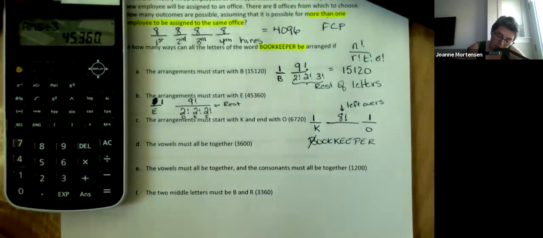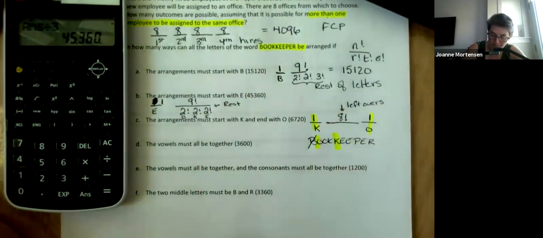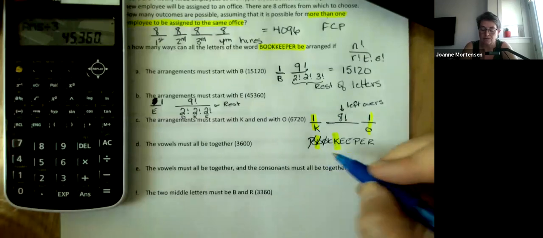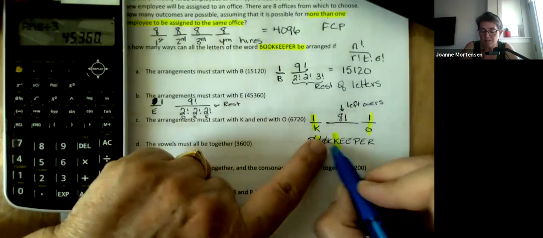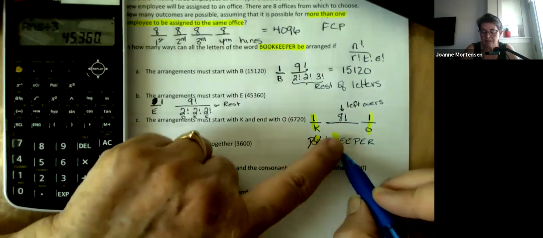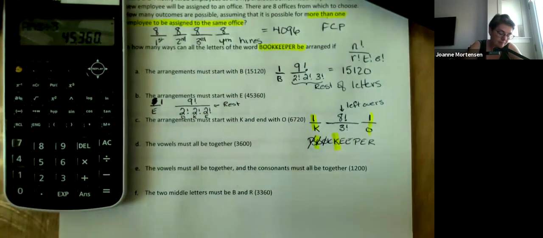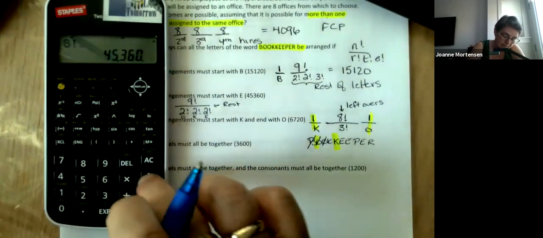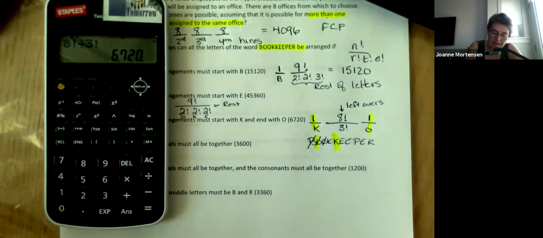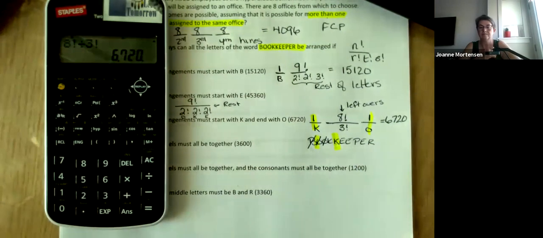I've already used up my 1 O here, so these ones don't repeat, because there's only 1 left to arrange. Same argument with the K's. They use the 1 to go there, so there are no repeats here. So then I should just have 3 factorial on the bottom. And yay, 720. So that one worked out.